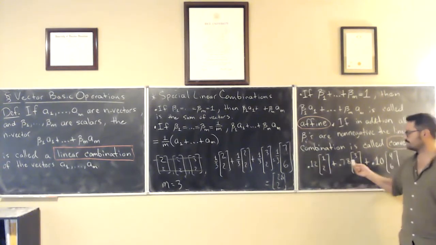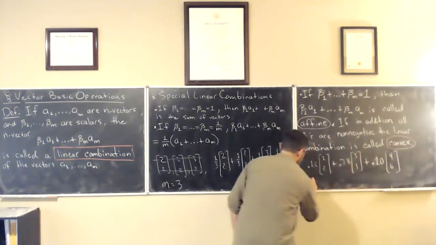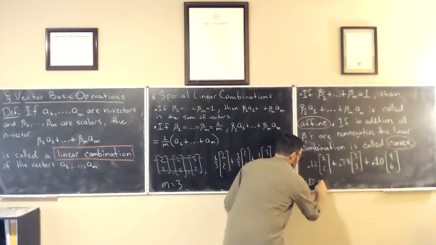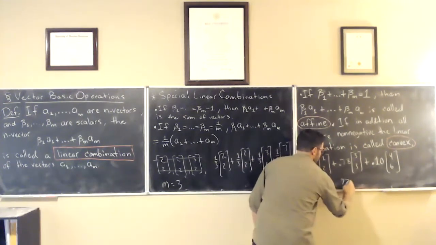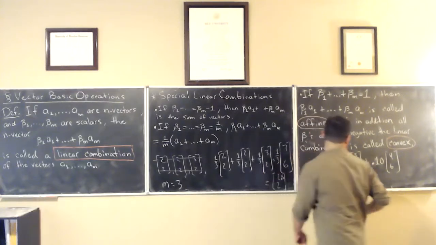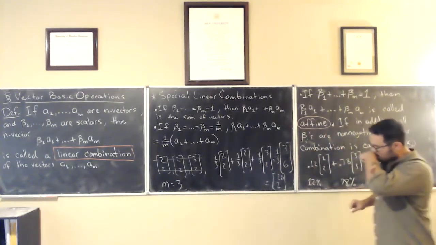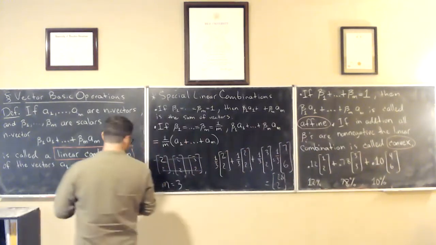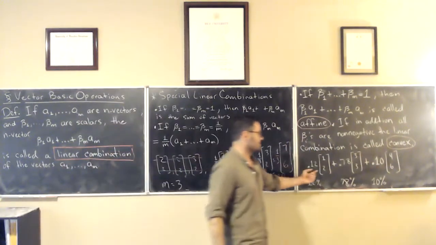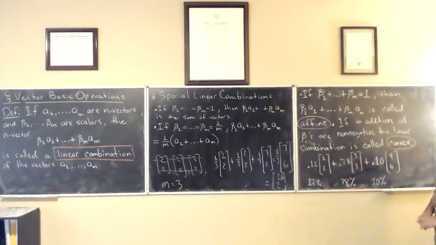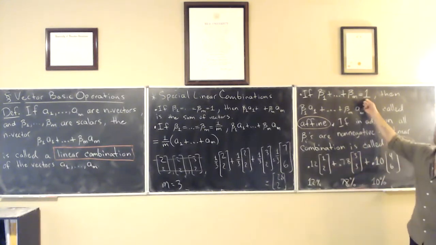Notice how this can be thought of as 12%, this as 78%, this as 10%. You can think of this linear combination as weighting the vectors and taking percentages of them that add to 100%, which is the 1 there.